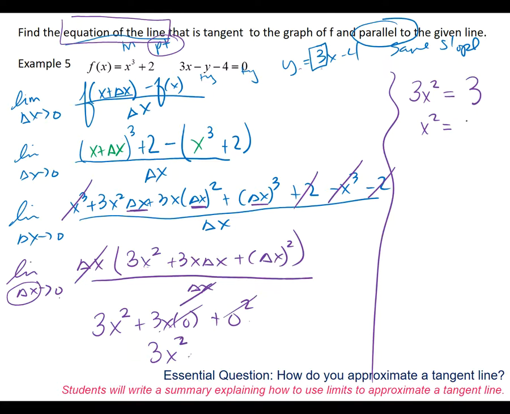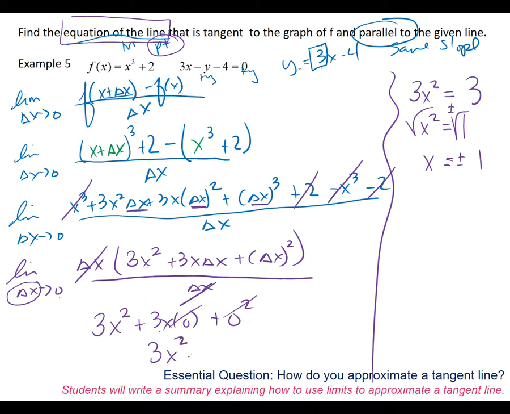How do I move the 3 over? Divide it, what do you get? 1, and then x. I undo the square, that means I get 2 answers. Now, I've got the x value of the point.